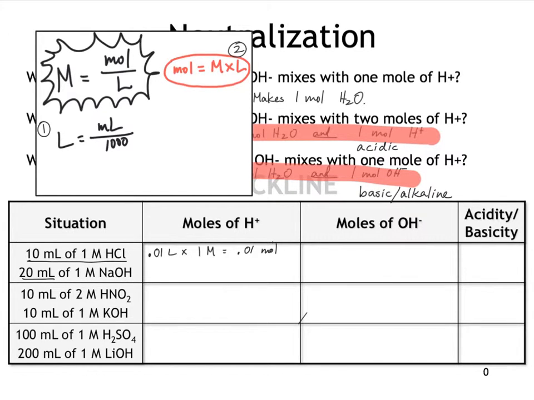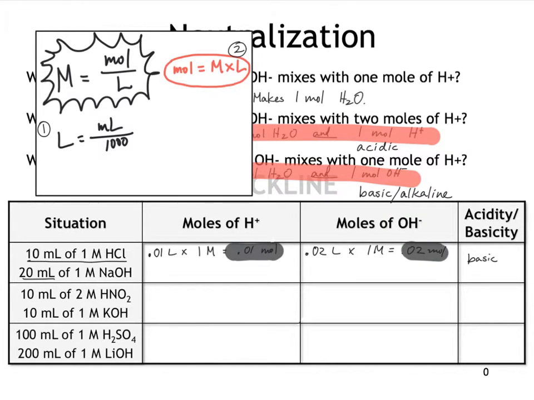So 20 milliliters divided by 1,000 gives us 0.02 liters. Multiply that by 1 molar of concentration, and you get 0.02 moles. So with this, you can see that you have more hydroxide than you have hydrogen, which overall means that we have a basic or alkaline solution.